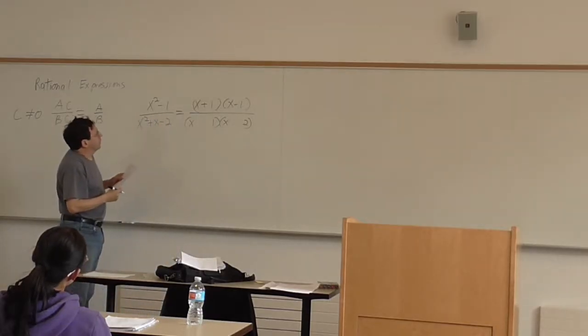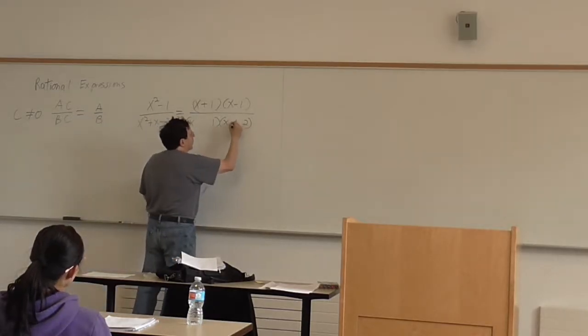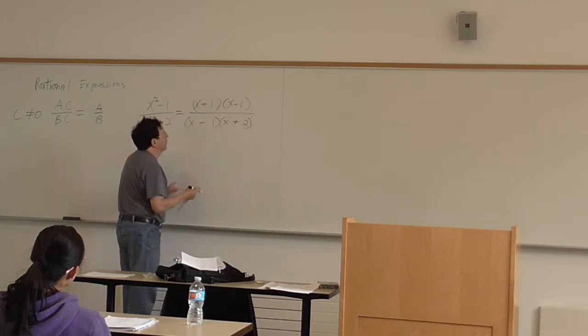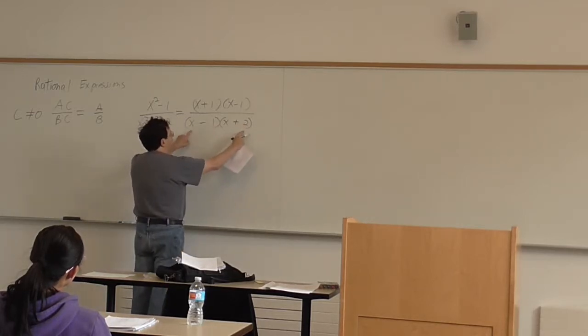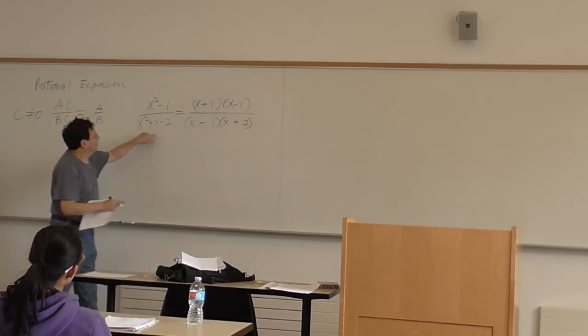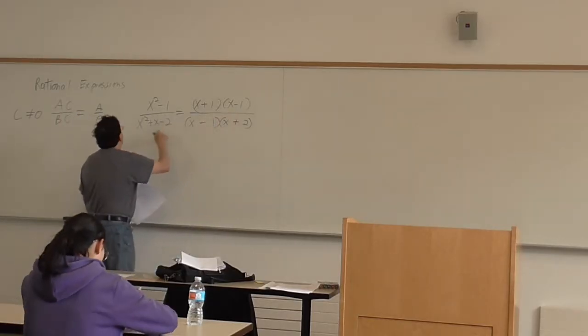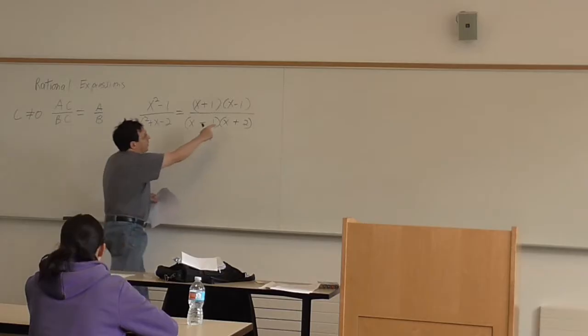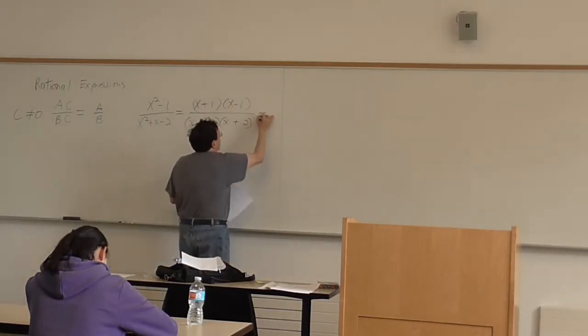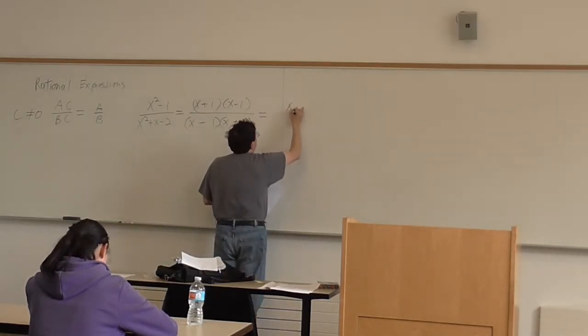Okay, so if I have a plus here and a minus here, the outer is plus 2x and the inner is minus 1x. That gives me my x. So that works. Okay, so now here's the C in my expression. It's x minus 1. So I can say that I can simplify this. This is x plus 1 over x plus 2.